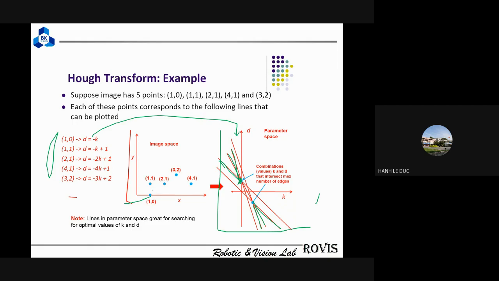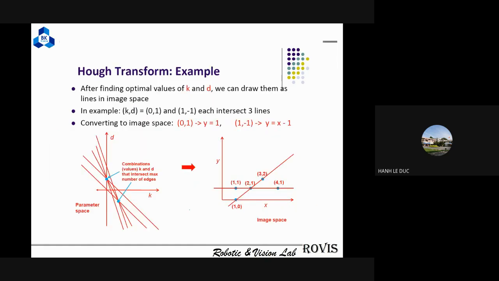So how do we calculate the point here? Let's see. For example, we have the image like this. Here this line intersects at this point. This one is d equal to 1, and k will equal 0.